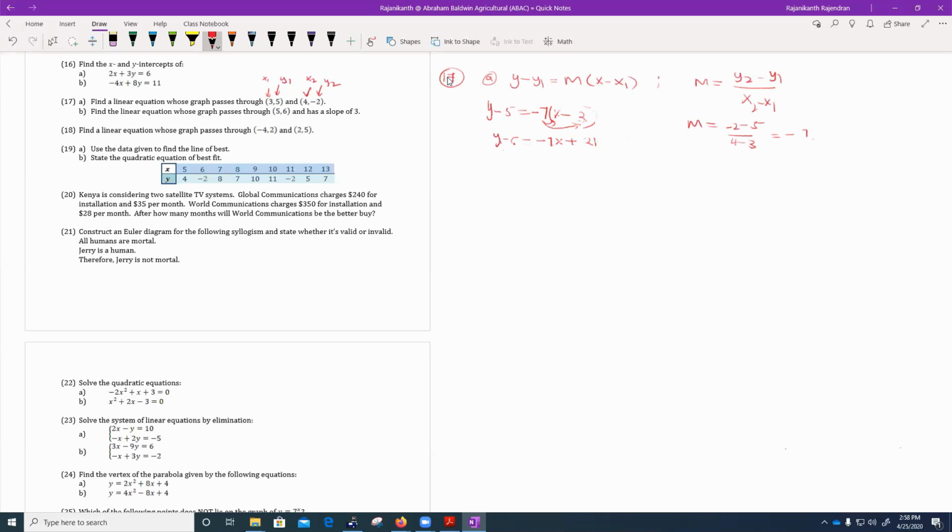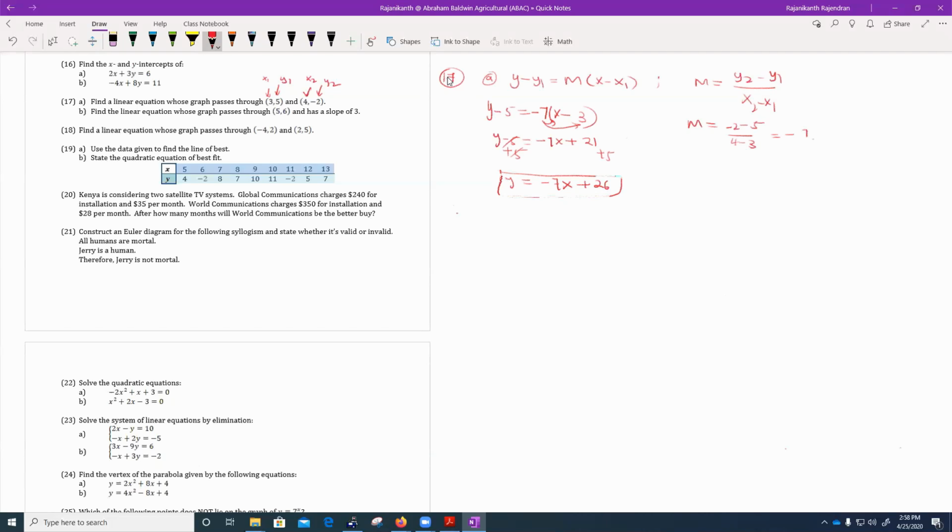Now add 5 to both sides, so this cancels. So y is equal to negative 7x plus 26. This is the equation of the straight line which passes through these 2 points.